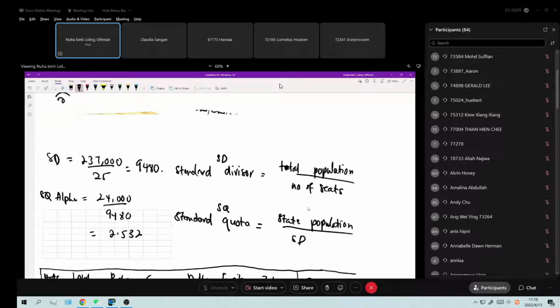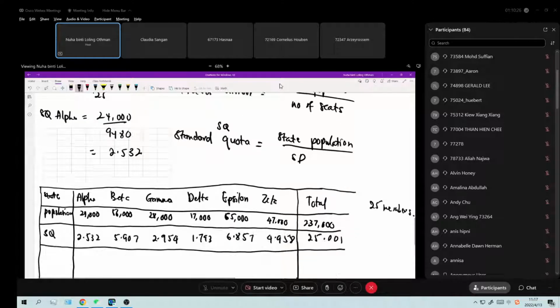There are a few differences, but it's very easy. And then you have paradoxes that happen when you play around with this apportionment. This comes from the Hamilton method. So the first thing you need to find is the standard divisor and standard quota.